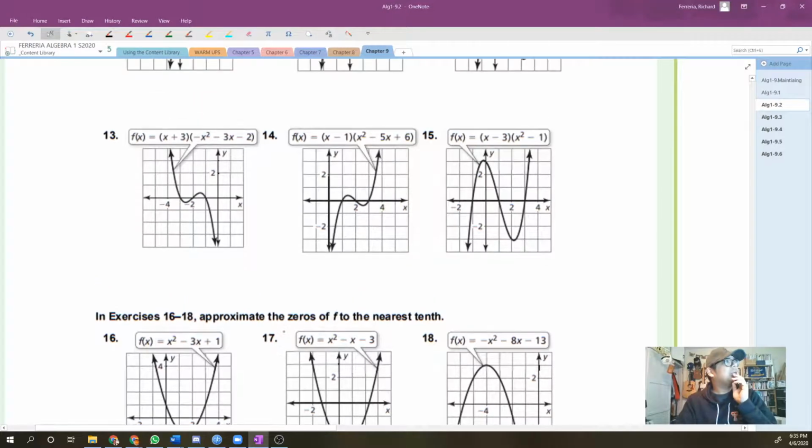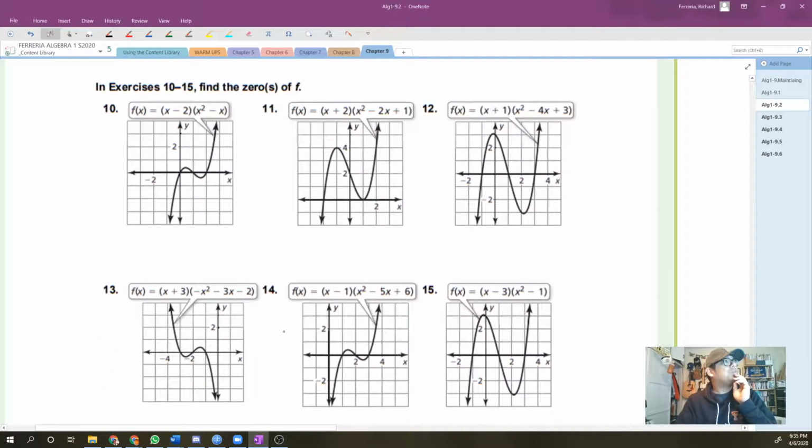Let's see. These next few, it says to find the zeros. So all we need to do is figure out what are the x coordinates here. That's x equals 0. And then that is x equals 1. And then this must be x equals 3. Not a big deal here. Oh, I noticed they're factored up here. So we can just play along with the factors.